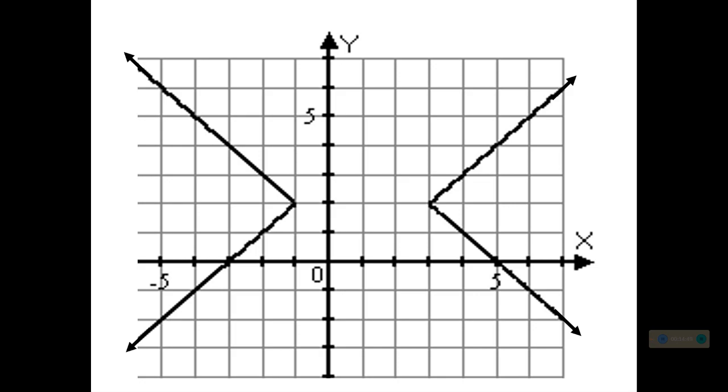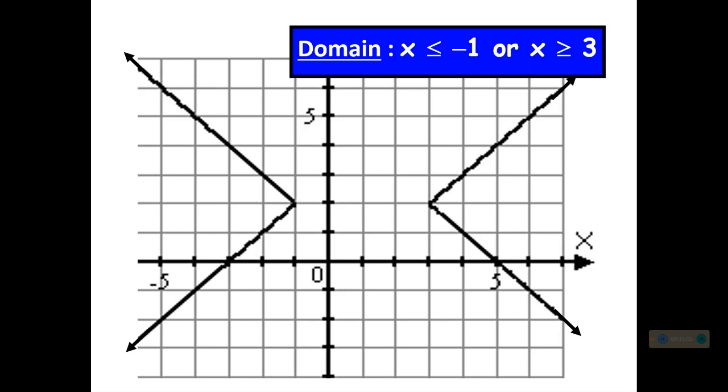Okay, how about this one? Two separate graphs. Okay, how are you going to tell the domain and range of this? Okay, so in domain, since we have two separate graphs, to the left and to the right, we will have x is less than or equal to -1, or x is greater than or equal to 3.